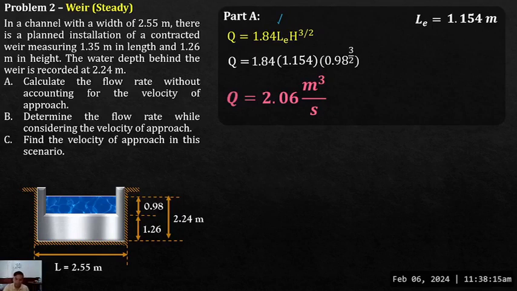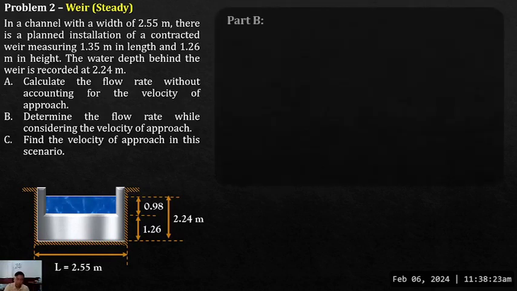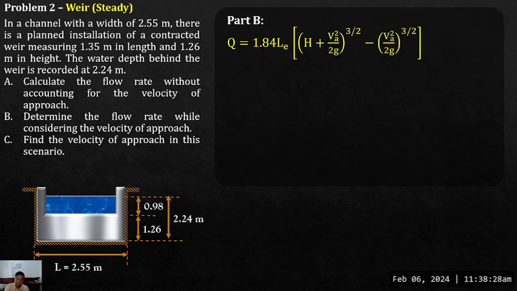Part B, determine the flow rate while considering the velocity of approach. So kapag kinonsider po yung velocity of approach, yung conventional natin na approach is itong formula natin na 1.84 LE times quantity H plus Va squared over 2g to the 3/2 minus Va squared over 2g to the 3/2.